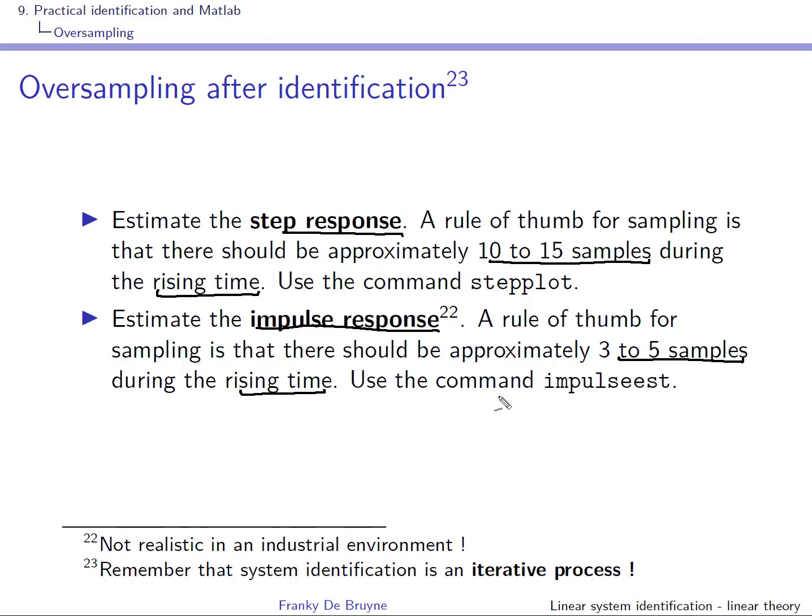Of course, it would even be better to do a test on the actual system and estimate TS. If you're in an industrial environment, then you'll use the step response, and based on this step response, you'll be able to choose your TS during the experiment design.